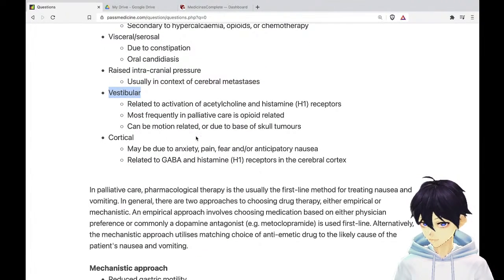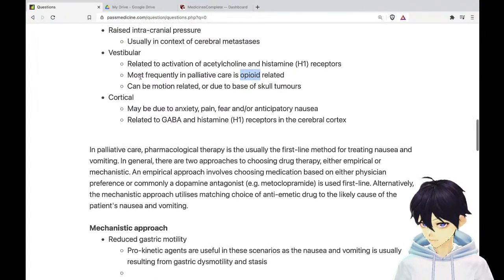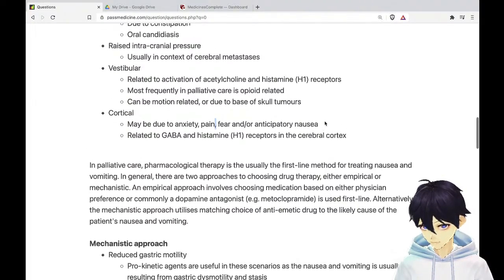Vestibular, related to activation of acetylcholine and histamine 1 receptors. Most frequently in palliative care it is opioid related. Can be motion related or due to base of skull tumors. So opioid causes of vestibular nausea, huh? Interesting. Cortical nausea and vomiting may be due to anxiety, pain, fear, or anticipatory nausea related to GABA and histamine 1 receptors in the cerebral cortex.